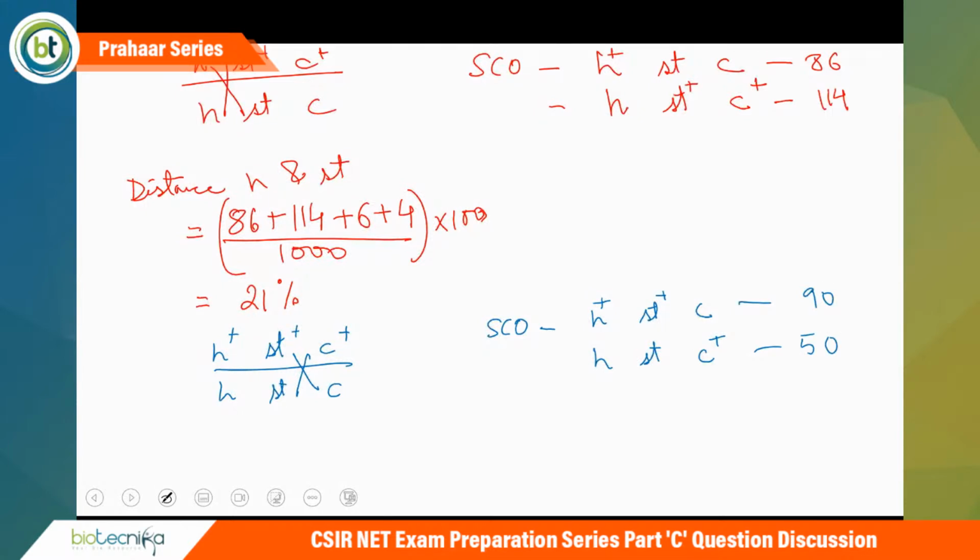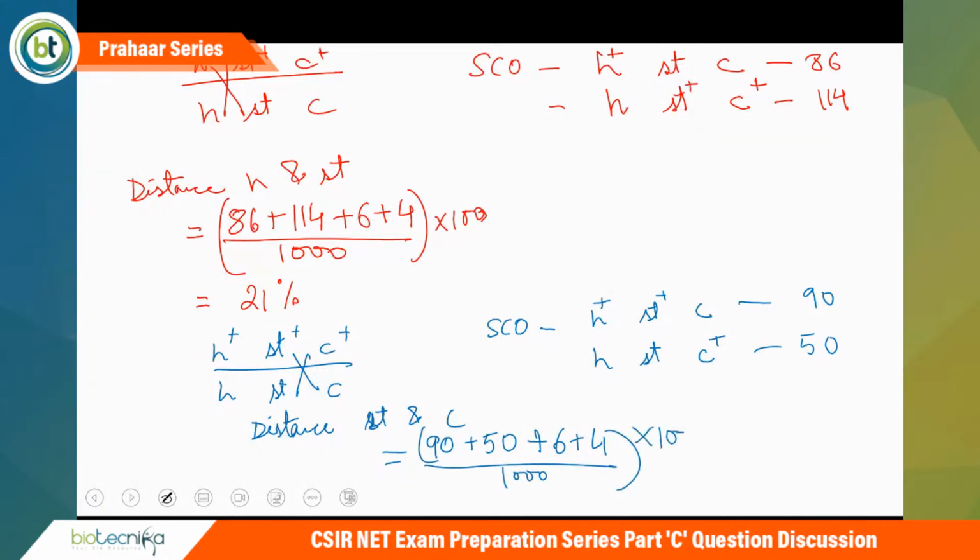Now, exactly as we did in the previous case, the distance between ST and C will be equal to the single crossover products, 90 plus 50. But again, the double crossovers also need to be added, because one event of crossing over in the double crossover also happened between ST and C. So again divided by 1000, whole multiplied by 100.